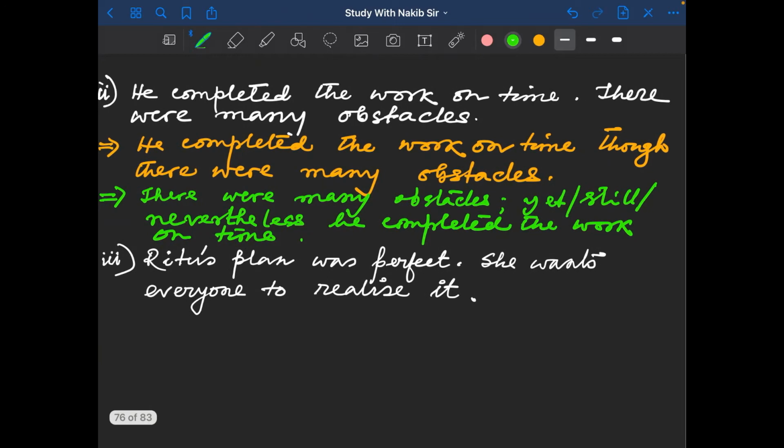Ritu's plan was perfect. She wants everyone to realize it. What is it? See the nature. It means that her plan was perfect. In place of this, use Ritu's plan was perfect with a conjunction that, and here you will get your combined sentence. Now see this.